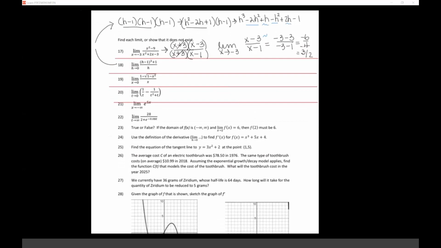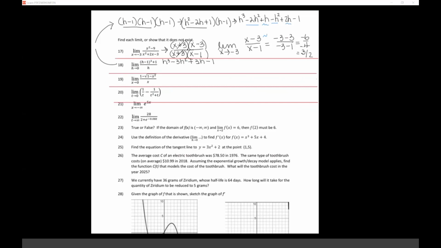So if I actually combine my terms, this is going to give me h cubed. Then I have a minus 2h squared minus another h squared, so minus 3h squared. Then I have plus 3h minus 1.